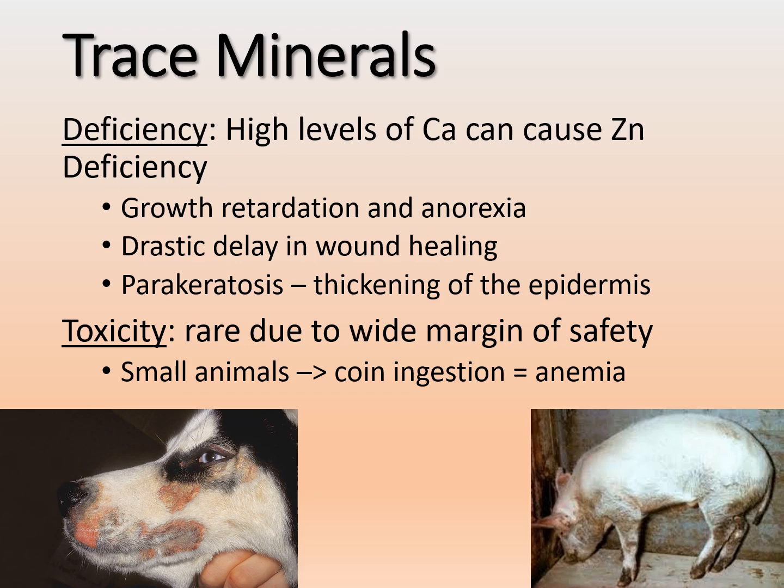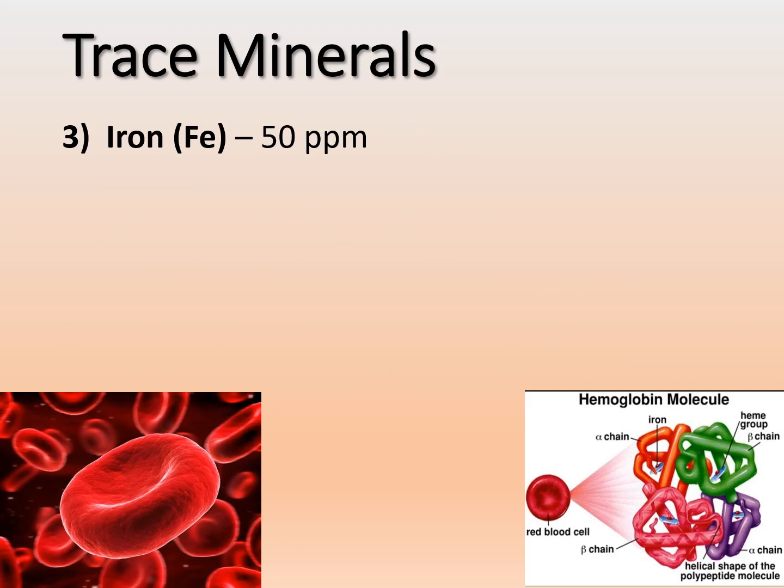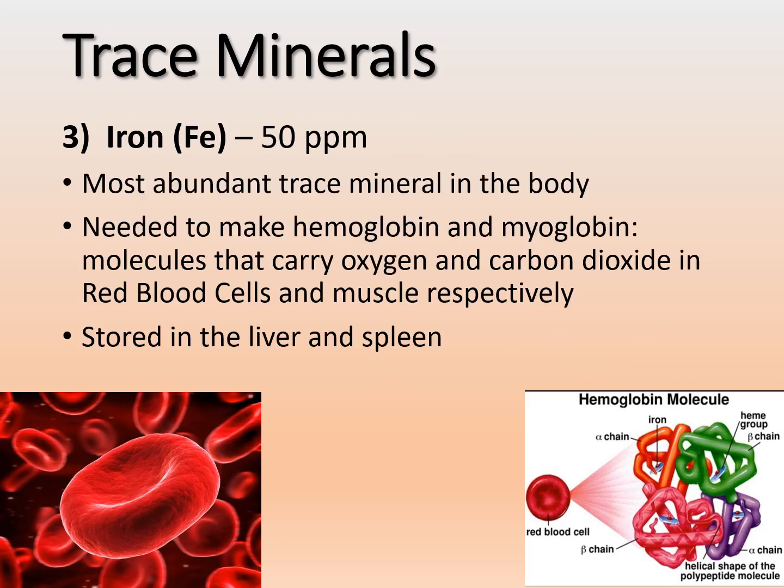There is a wide margin of safety for zinc. So high levels aren't necessarily bad. But we do see a specific problem in some small animals if they were to ingest some coins, because a lot of coins have high levels of zinc in them. And then you can get anemia caused by this zinc toxicity from the coins.